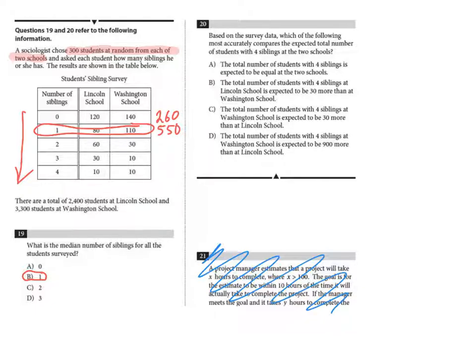Okay, so if 300 students were surveyed at Lincoln, and 10 of those students had 4 siblings, then for the whole school, we would need to look at the number of students at Lincoln, which is 2,400.